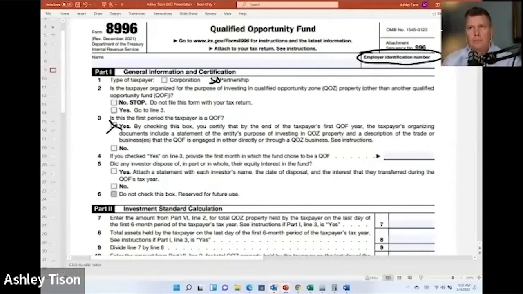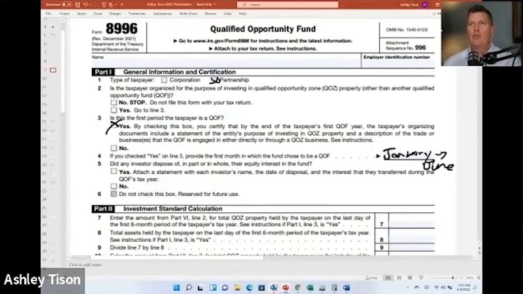Then this month will also have an impact on what you're going to do relative to the 6 months test. So if this is January through June, you're going to have a first 6 month test, right? Because January to June, you're going to have a 6 month calculation prior to that December 31st second deadline.